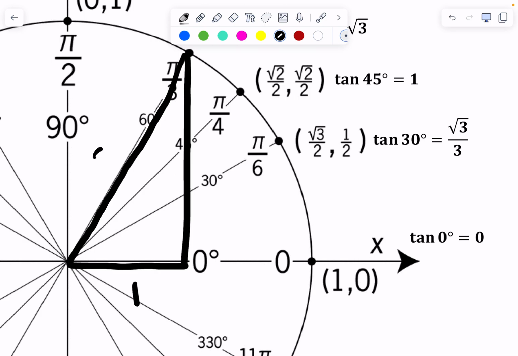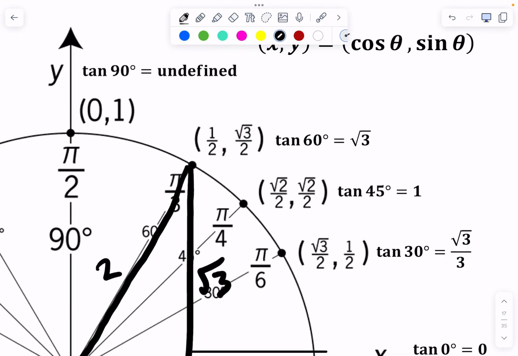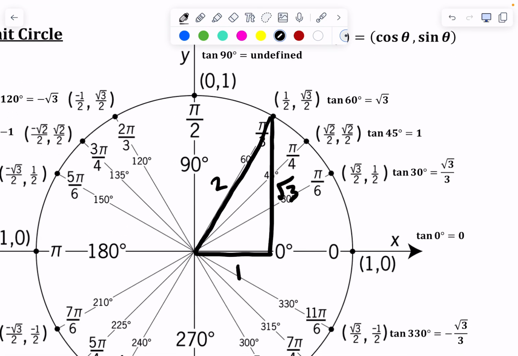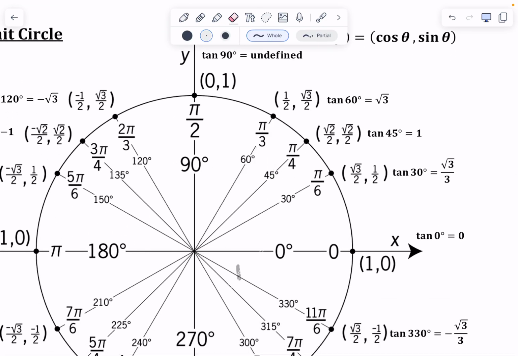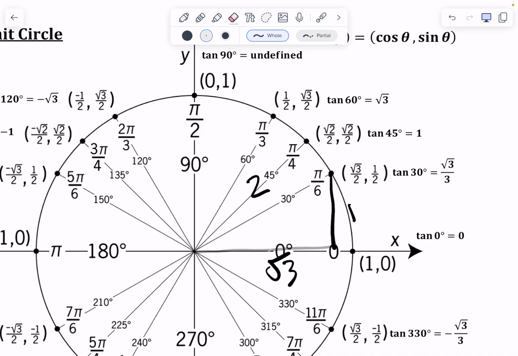It is 1, 2, square root of 3. And then these are just made from that, right? From the unit circle. Same thing with the other one. The 30, 60, 90 is 1, 2, square root of 3 as well. Okay, we're going to stop there.